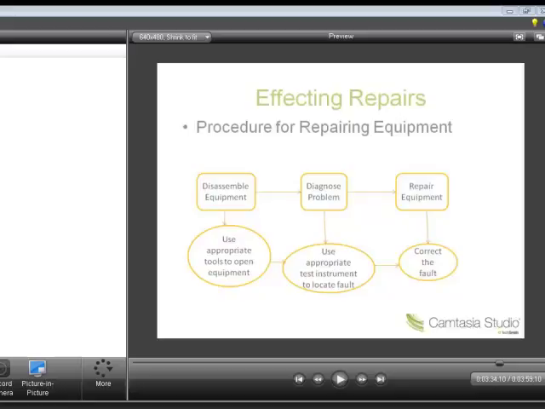Then you will repair the equipment by replacing any malfunctioning parts, circuit board, or microchip, depending on the nature of the fault. Doing that, you will correct the problem, and then you will reassemble the project and test it for operation.